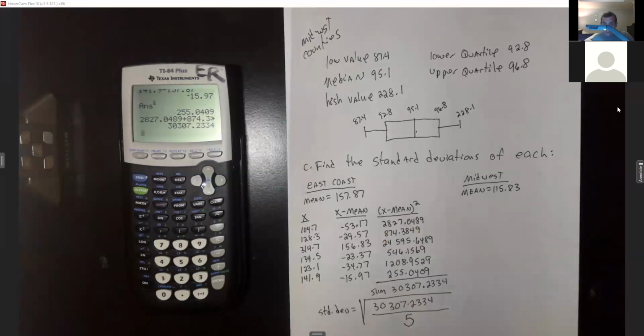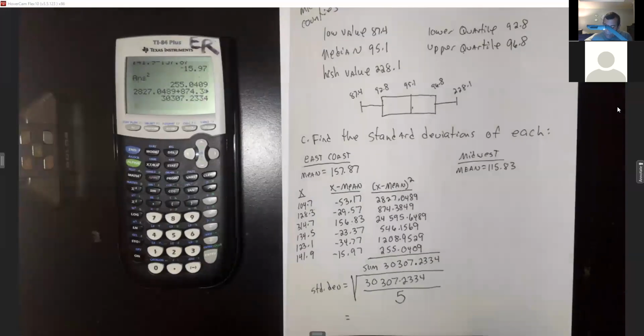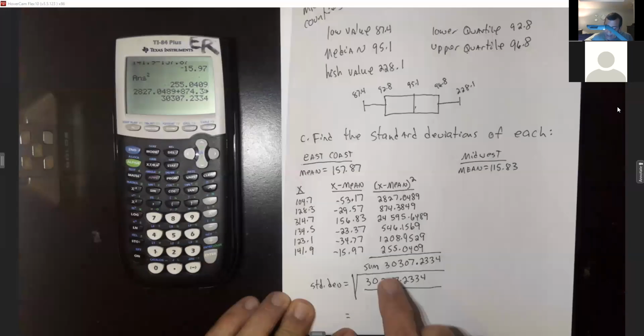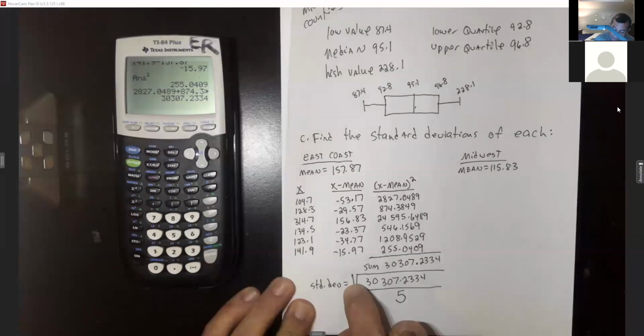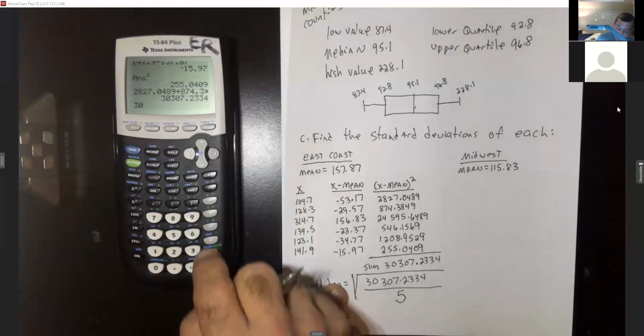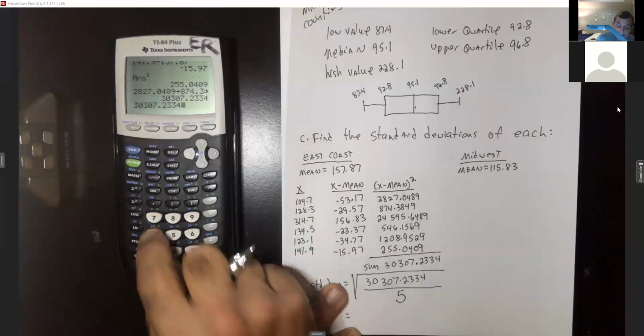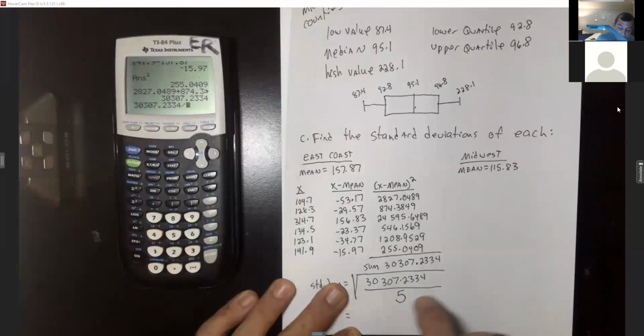So we're going to divide that and then take the square root of it, okay? 30,307.2334 divided by 5.